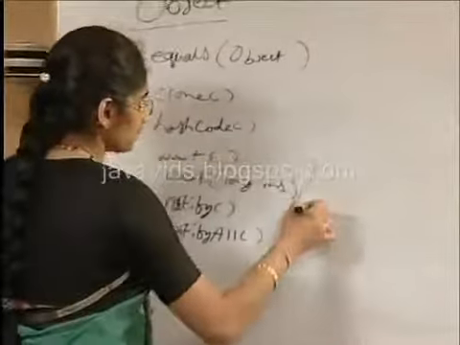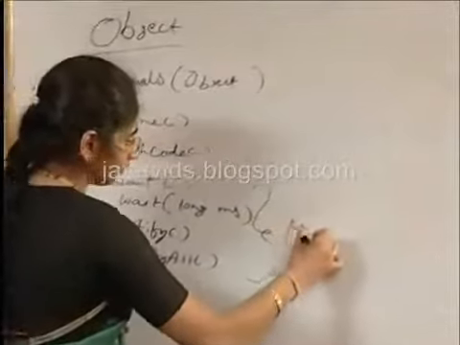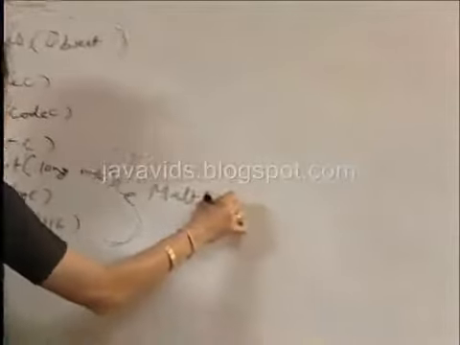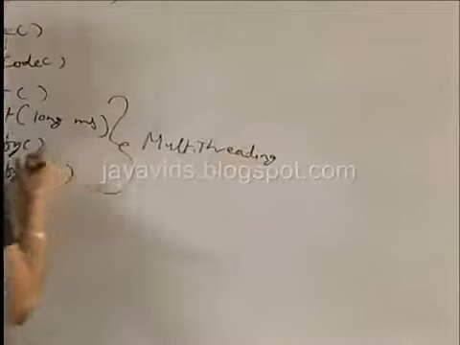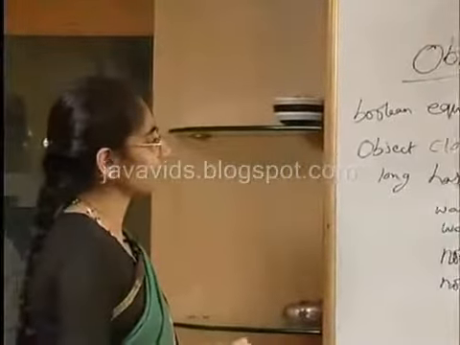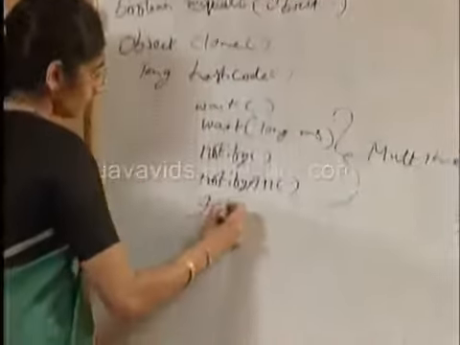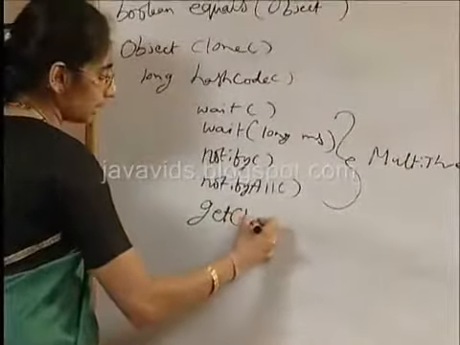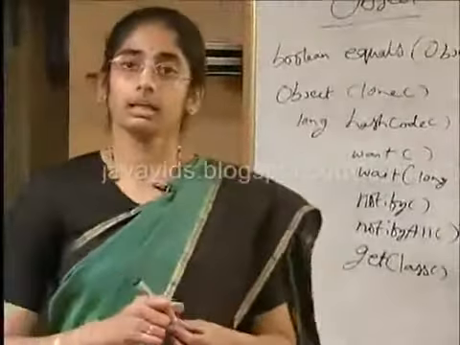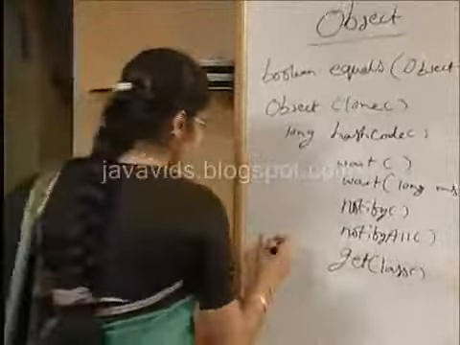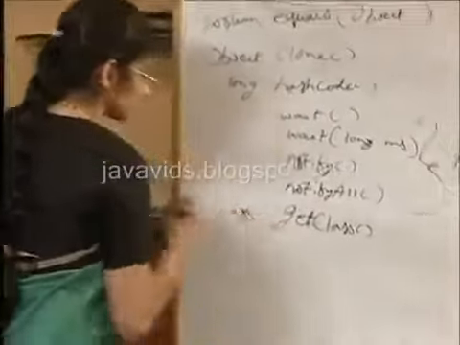These methods we will discuss during multi-threading. We also have the getClass method. The getClass method returns a Class object.